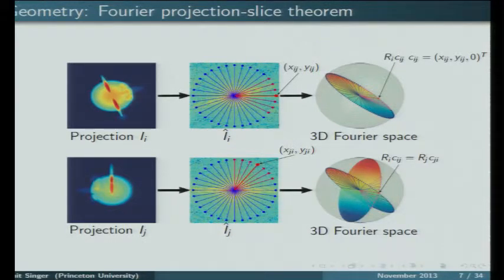You get projection images, take the 2D Fourier transform, and populate the 3D Fourier space with planes that go through the origin. Once you have enough planes that cover the 3D Fourier space, you can take the 3D inverse Fourier transform and get back the density in real space.